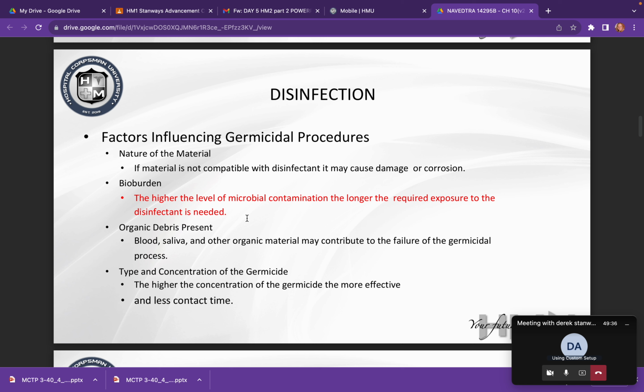Going to be higher, right? Same kind of concept. If you're leaving debris and blood on these instruments and you're not trying to pre-treat them before they go into the disinfector, then you're going to have a higher probability that it's not going to get all removed. You're going to have to do the whole process again. So that's why it's saying the higher level contamination is going to have a longer exposure to that chemical.